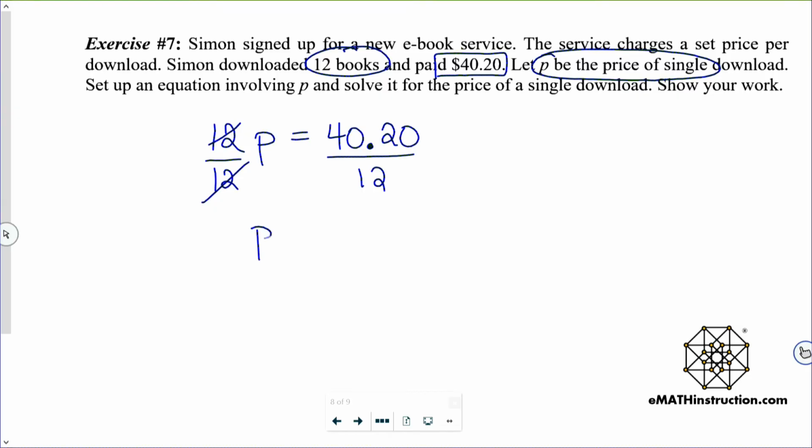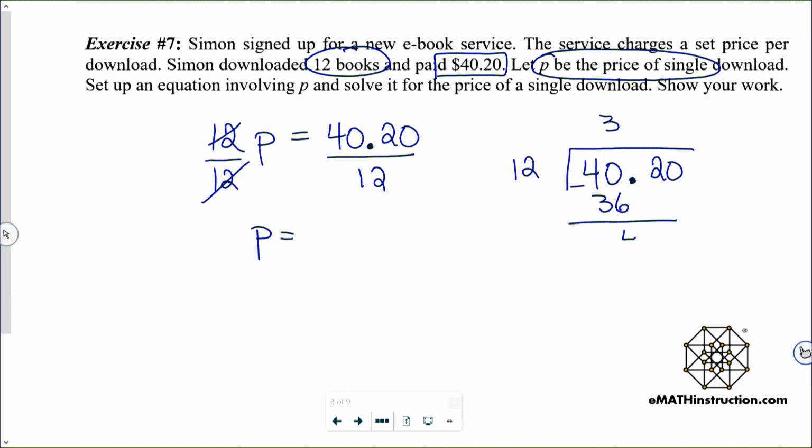And that will give us the price of a single book, which maybe over here on the side of our paper, we do $40.20. We divide by 12. We say, all right, 12 goes into 40 3 times. That's 36. Subtract. We'd get 4, right? Drop the 2. 12 goes into 42, also 3 times.